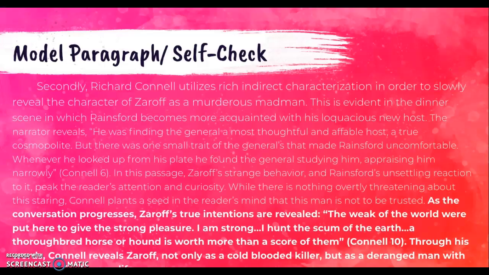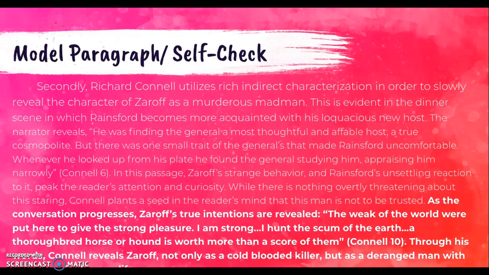So as you can see here in bold, we've actually just gone back and added another bit of context, another piece of text evidence, and another bit of explanation. Notice how in this particular example, I've actually combined my context and setup sentence with my lead-in. It reads, as the conversation progresses, Zaroff's true intentions are revealed.